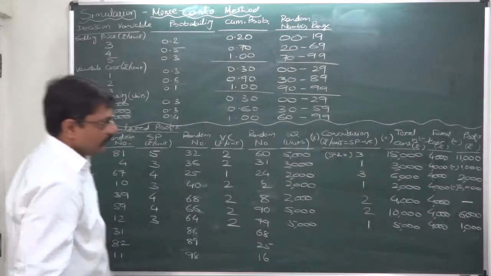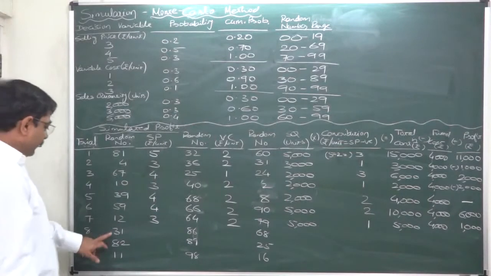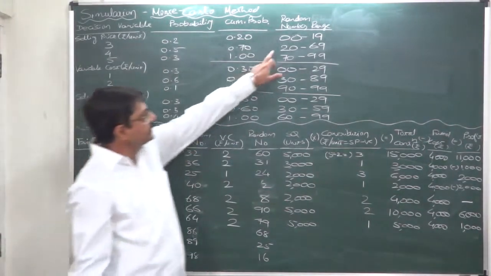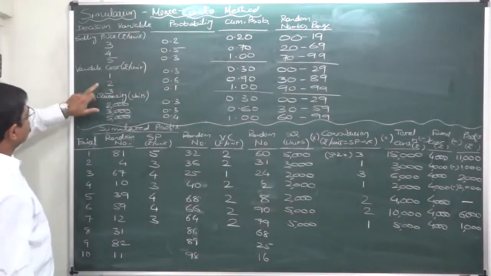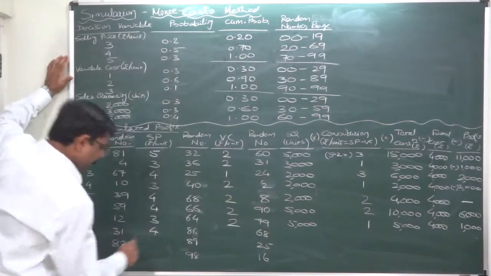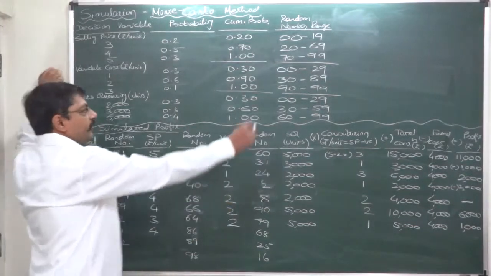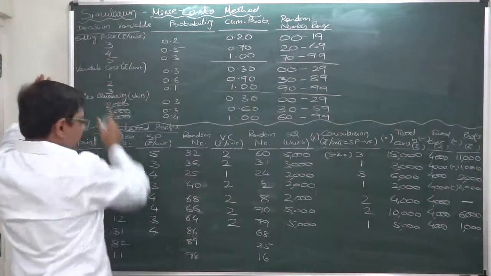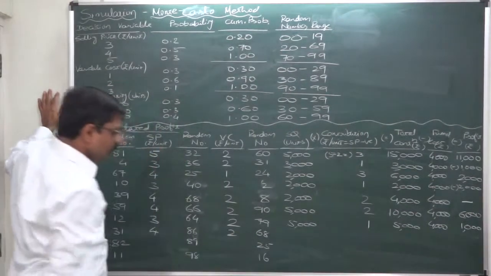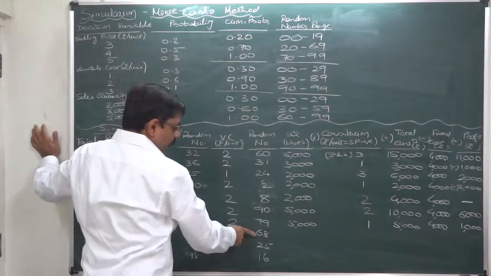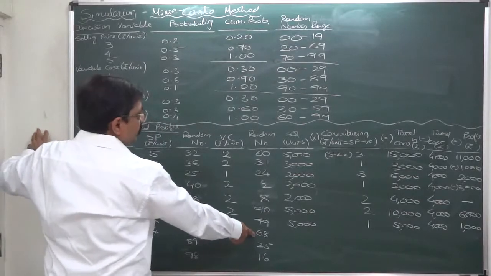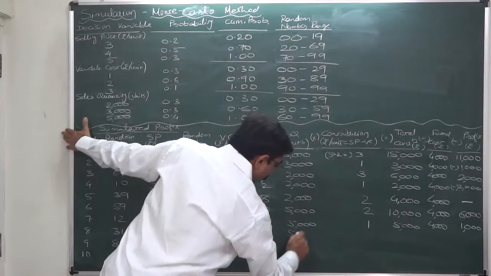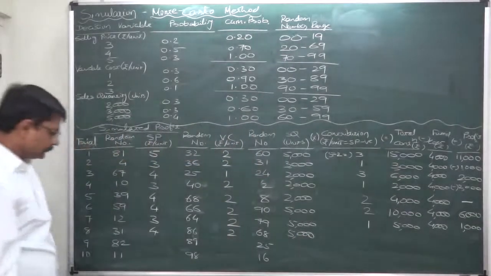Now 8th trial, first random number 31 for selling price and relevant range is 20-69, relevant selling price comes to rupees 4. Second random number 86 for variable cost, 86 falls in the range 30-89, so variable cost comes to 2. 68, the third random number for sales quantity, falls in the range 60-99, so sales quantity comes to 5000 in the 8th trial.